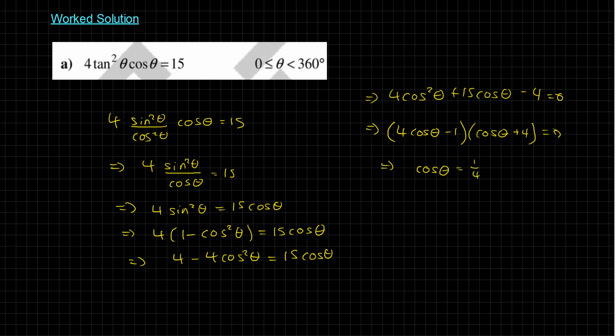Both equations I'm writing here will give me the full set of solutions when you take all solutions combined. So cos theta equals a quarter, solve that. Cos theta equals minus 4, solve that. Cos theta equals minus 4 has no solutions, because of course minus 4 exceeds the bounds of being between minus 1 and 1. So really we're just solving cos theta equals a quarter.